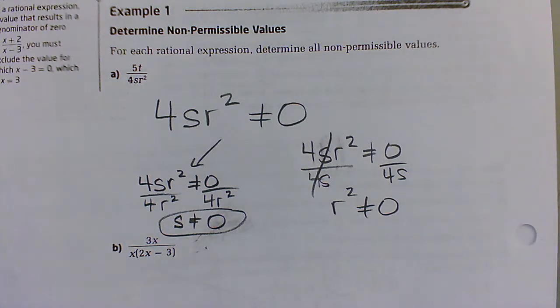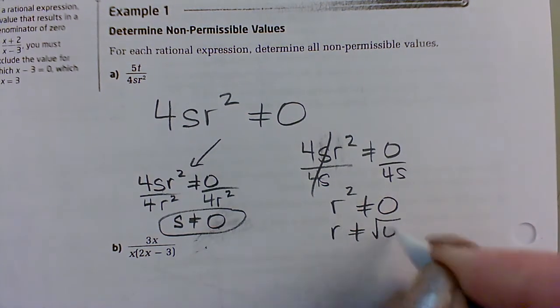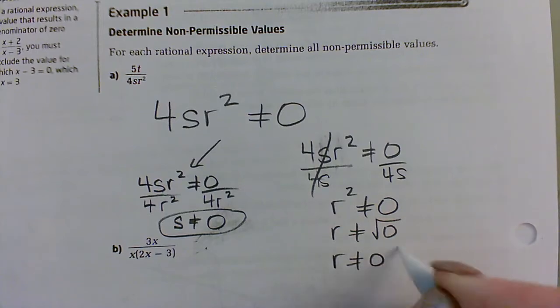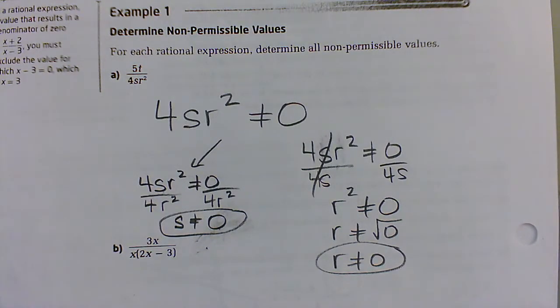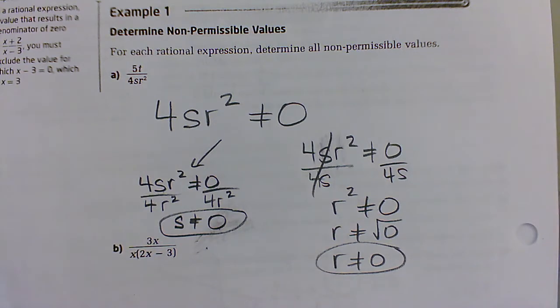And the square root of 0 is 0. So when you have monomials like this, essentially the only number that you could possibly put in for S or R is 0 to make it 0. There's nothing else you can do to it.